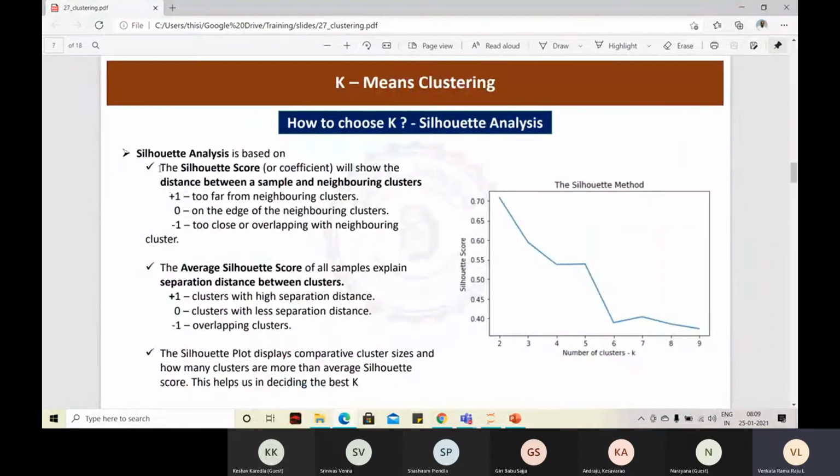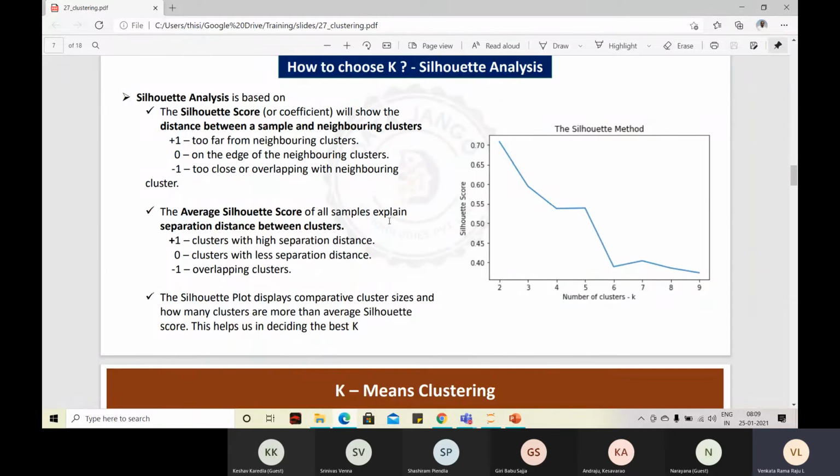Once you have individual data points' silhouette scores, you take the average silhouette score for all samples, to explain the separation distance between clusters. Okay, all samples. You take all samples' silhouette scores in all the clusters and take an average. That actually shows you, right?